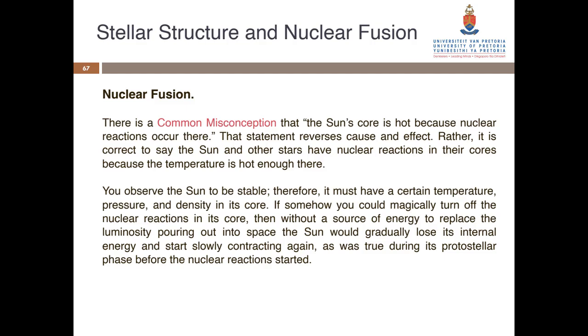You observe the sun to be stable, therefore it must have a certain temperature, pressure, and density in its core. If somehow you could magically turn off the nuclear reactions in its core, then without a source of energy to replace the luminosity pouring out into space, the sun would gradually lose its internal energy and start slowly contracting again, as was true during its protostellar phase before the nuclear reactions started.